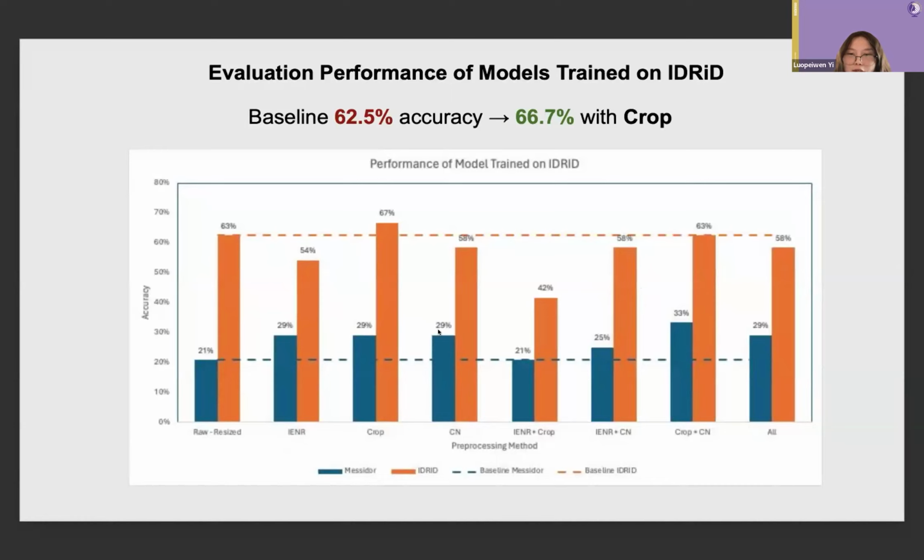So one standout here is cropping. So we can see that it boosted accuracy on IDRIT from the baseline of 62.5% to 66.7%, which makes it the most effective single preprocessing method. And again, the choice of training dataset plays a big role in how well the model generalized, as a model trained on IDRIT consistently did better on its own compared to Macedor.